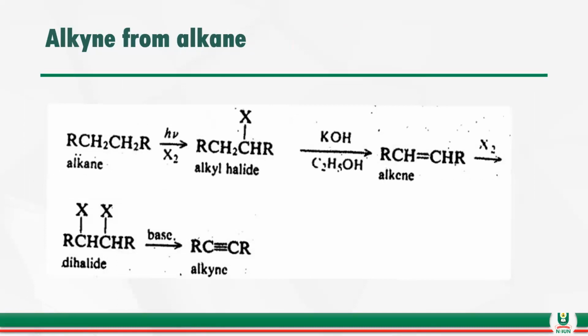Alkynes from alkanes. If we have alkanes, remember what we discussed on reactions of alkanes, halogenation of alkane, which is done using hv, that is a photon or heat or UV, okay?